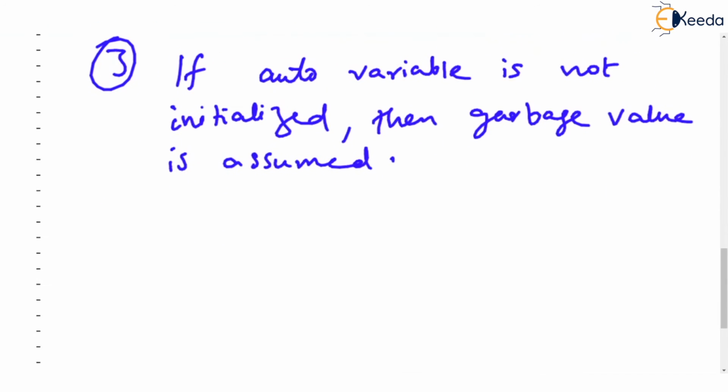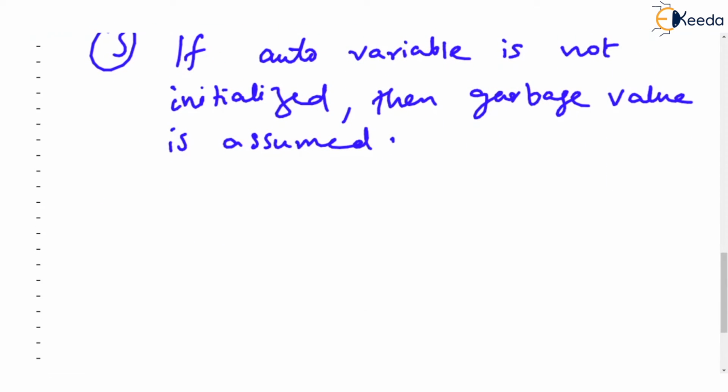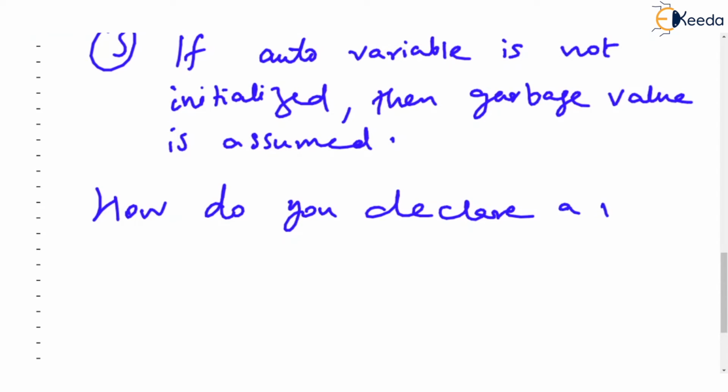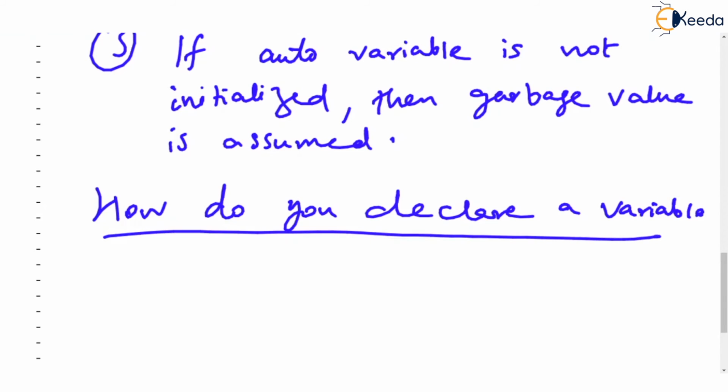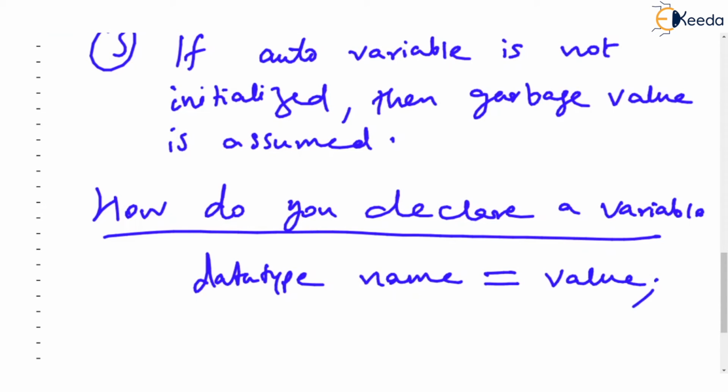Now, before I stop this video, just check a very important point we noticed in this particular video: how do you declare a variable, or what is the declaration of a variable. Till now we know we write the data type to declare a variable, and then the name of the variable, and then optionally we give some value, and then a semicolon.